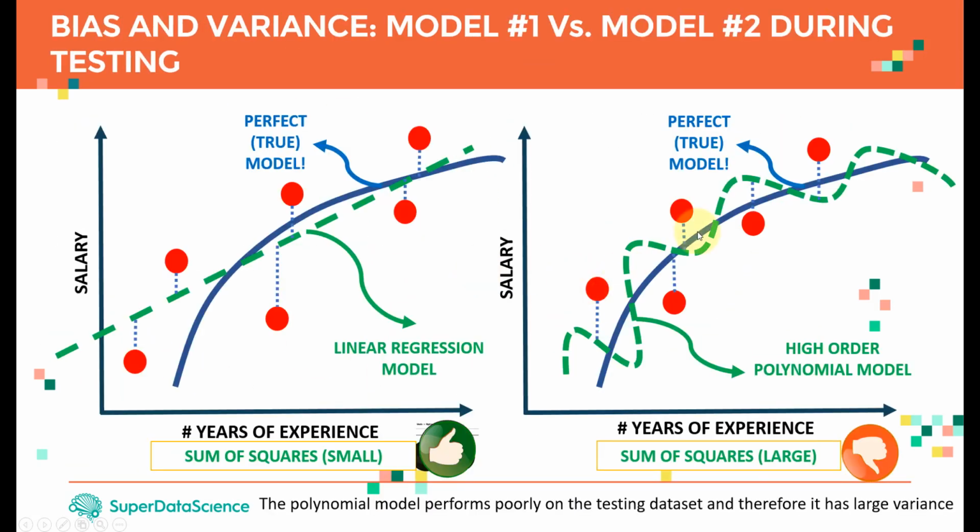However, for the polynomial model, the results will be horrible. The results will be really bad. Why? Because this model was able to capture all the details, all the features of the training data set. However, when we change to the testing data set, the results are terrible. Why? Because we call this an overfit model.